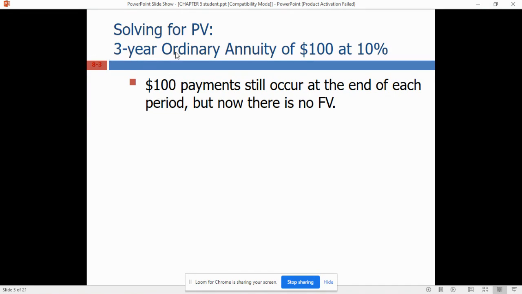The 100 is the amount that keeps repeating, therefore that's your annuity or PMT, and 10% is your interest rate. You're required to calculate the present value annuity, because it has an annuity factor.